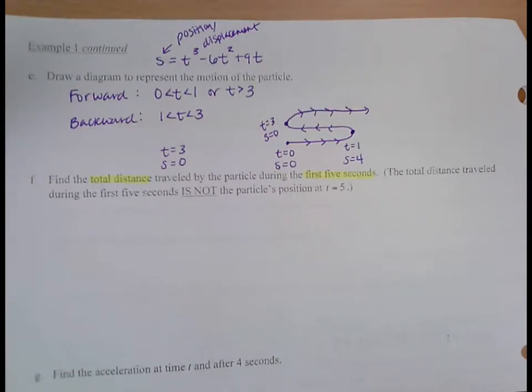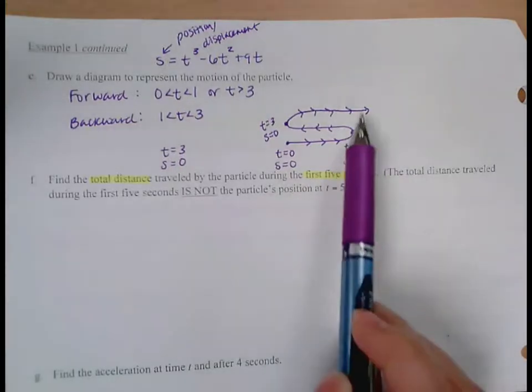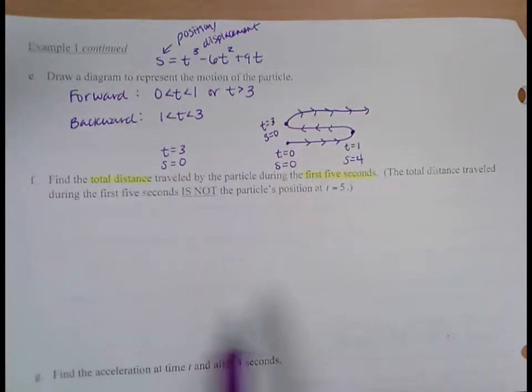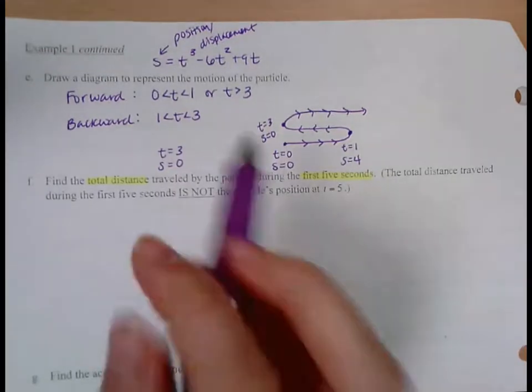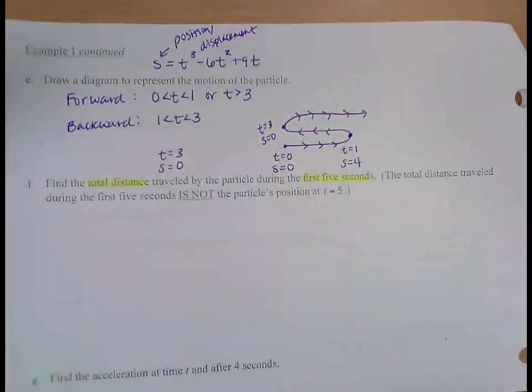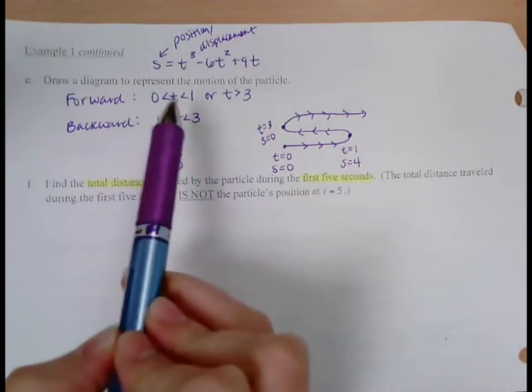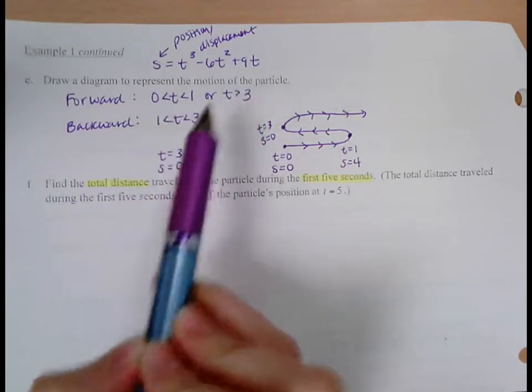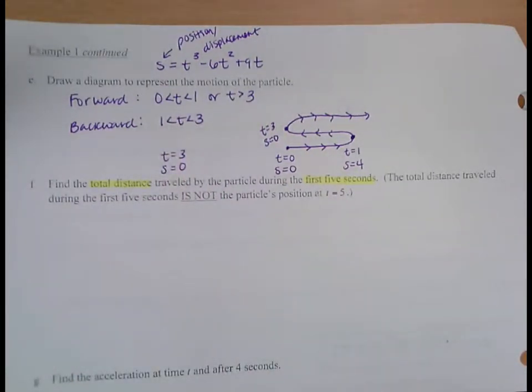So for F, this diagram can certainly help. I'll also lay it out so you could find it without having to make a diagram as well. But to find the total distance, what we need to know, and this is using previous parts, again, you need to know where it's moving forward and where it's moving backward.